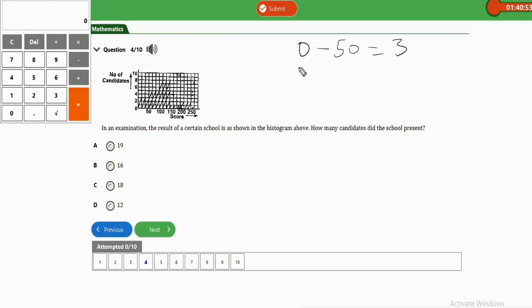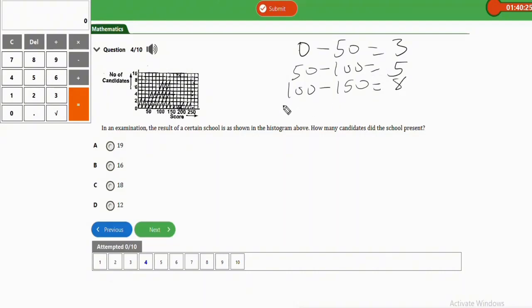Then the number of candidates that scored 50 to 100, when you trace it on the histogram, you have the value to be 5. Then people that scored 100 to 150, when you trace it on the histogram, you have it to be 8.